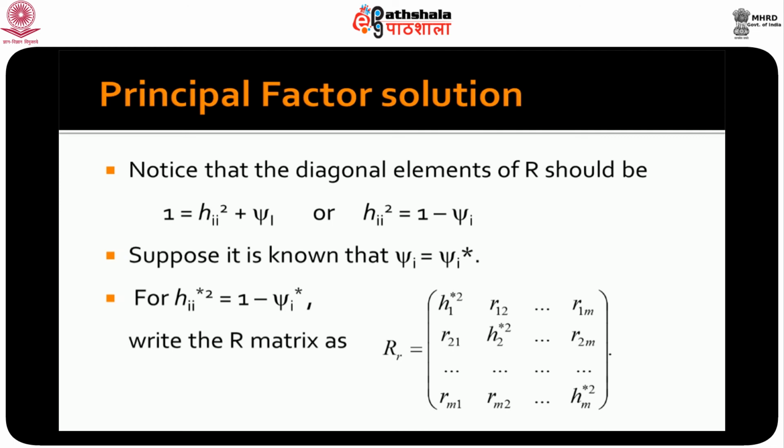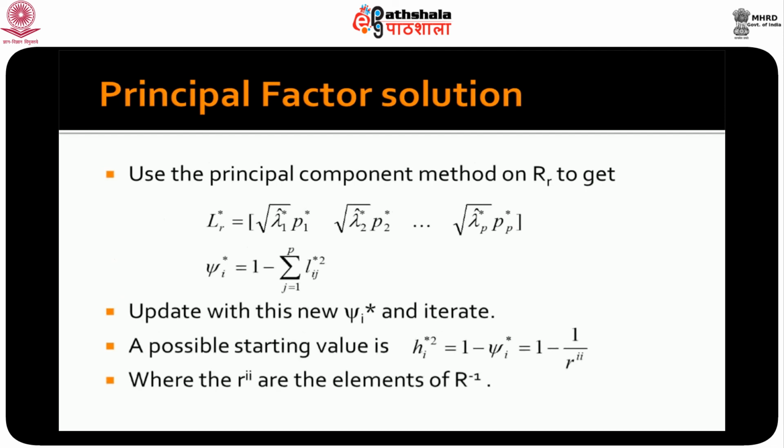So we presume some communalities values, put them in the diagonal, and then we have a modified R, which is R R. And from this R R, we actually compute the L R R star prime as before by the principal component technique.